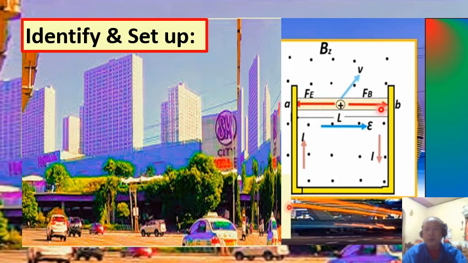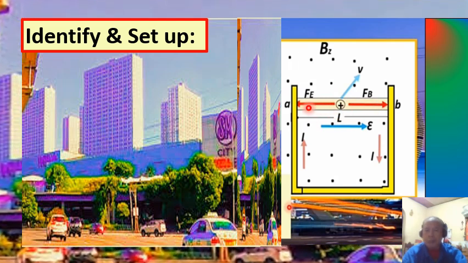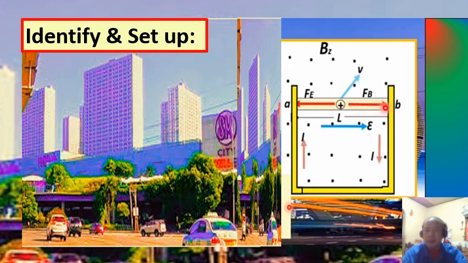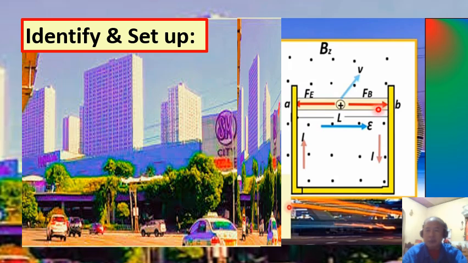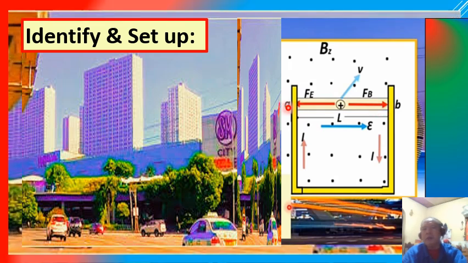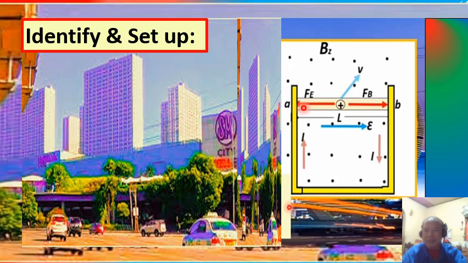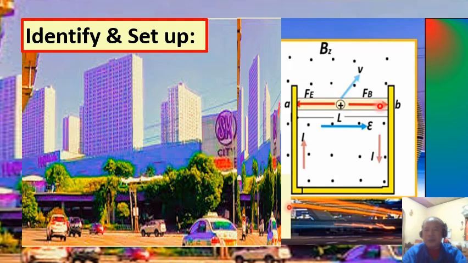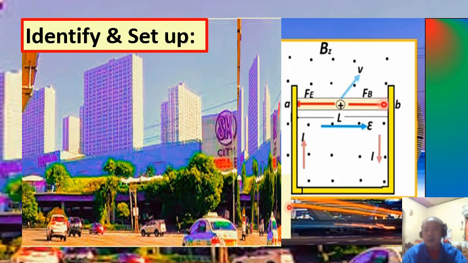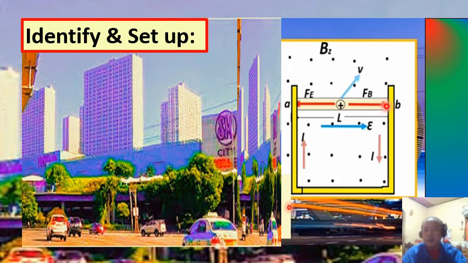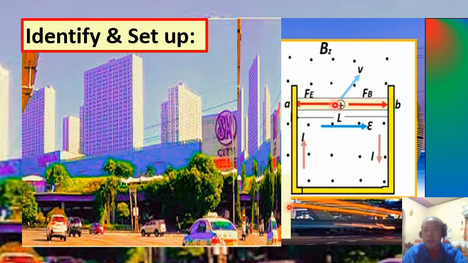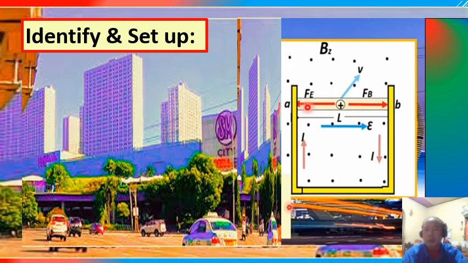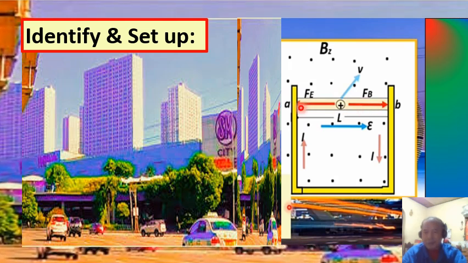As more and more free positive charges accumulate at the right end of the rod, the left end of the rod, or point A, becomes more negative. Hence, there is also an electric field established within the rod. Since point B is more positive than point A, the direction of the electric field is to the left, or from point B to point A, all right?